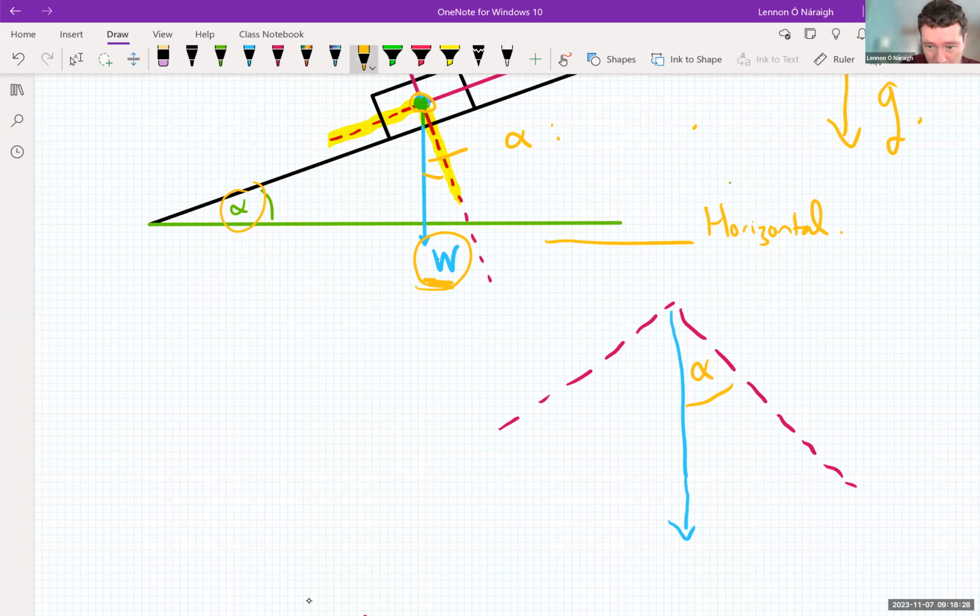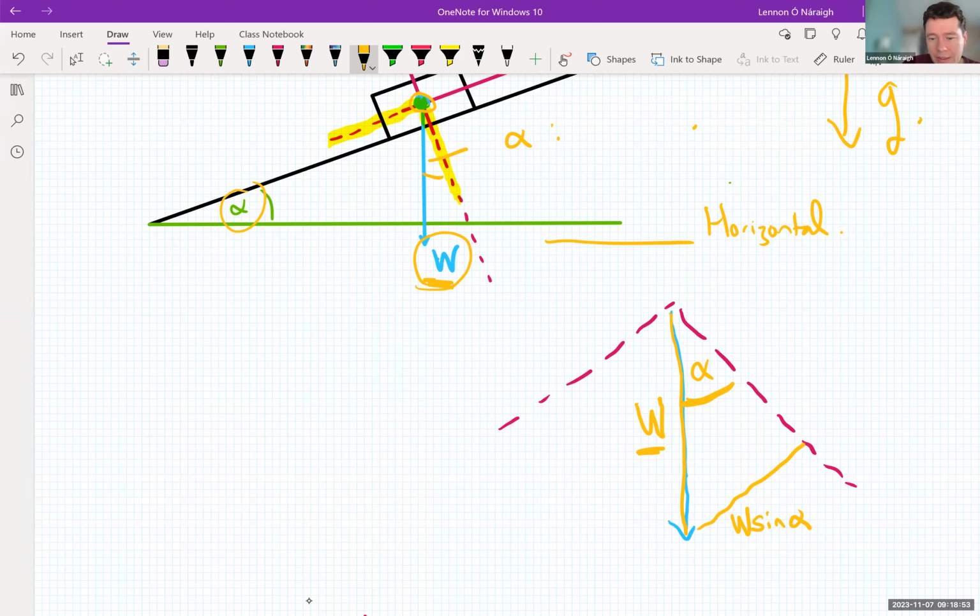And of course the magnitude of the vector is W. So if I want to look at the components of W, this will be W sine alpha, because it's the opposite over the hypotenuse.